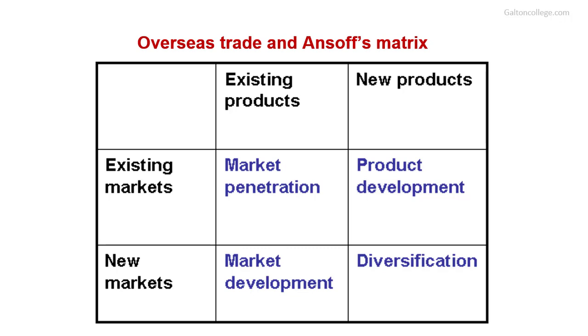It's a market development. And with new markets, there may be some degree of diversification. It may be that companies are able to sell their product, but they can see something that goes with it, something that's perhaps possible to do that would not be so attractive domestically, that would satisfy the overseas market. So there are opportunities in trade, and the Ansoff matrix makes it easy for us to categorize that.